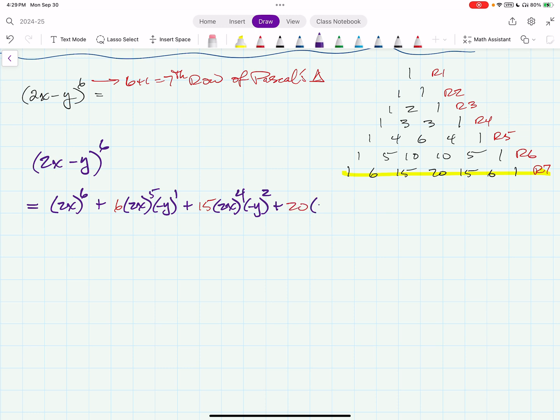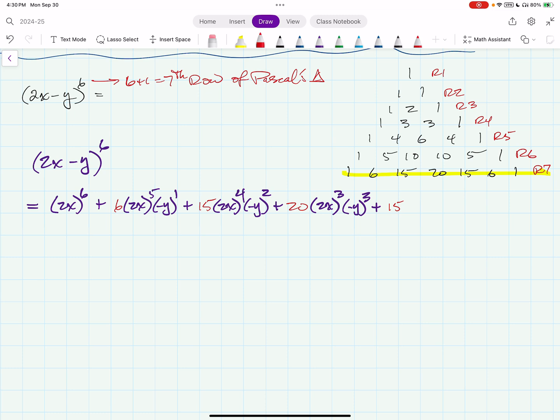Times, and again, the powers of the first term go down. So I go 6th degree, 5th degree, 4th degree, 3rd degree. And my next term, negative y, is increasing in power: 1st degree, 2nd degree, 3rd degree. Plus my coefficient, now I'm on the 15.